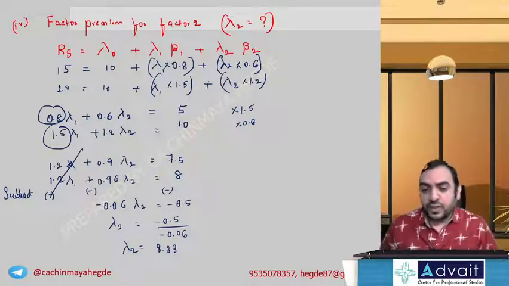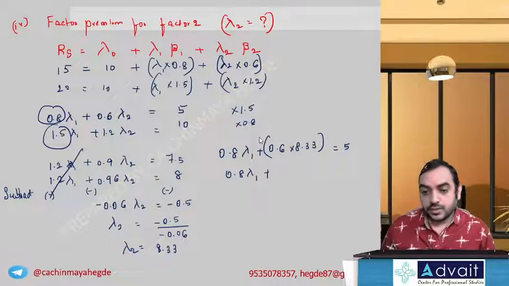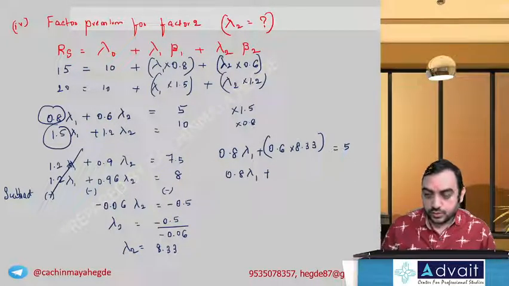You can also do it for factor 1. You can simply substitute. Let's quickly do it for our reference. Substitute in this equation: 0.8 lambda 1 plus 0.6 into 8.33, which is what we calculated, equals 5. So 0.8 lambda 1 plus 0.6 into 8.33, you get 4.98, let's say 5.